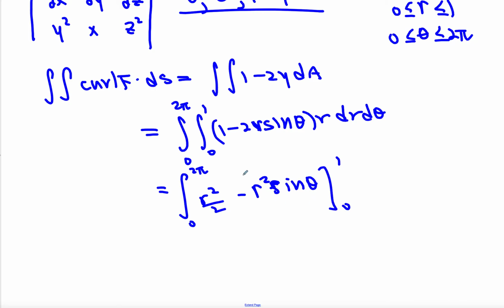Oh, actually, no, it's not r squared. Sorry about that. It was 2r squared already, so we get 2r cubed over 3. And then d theta.